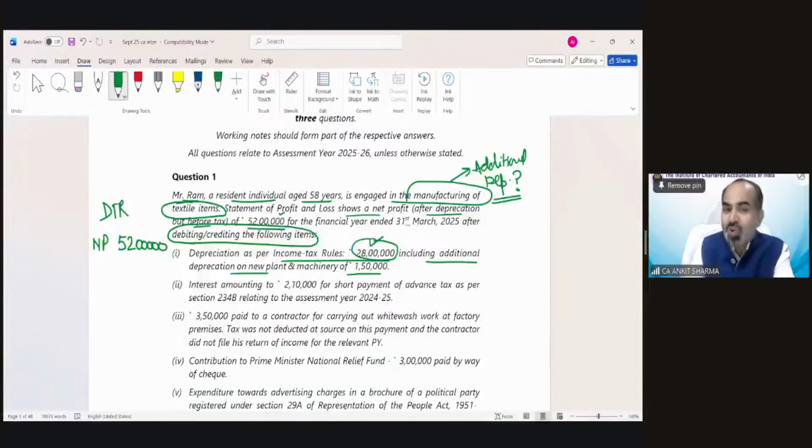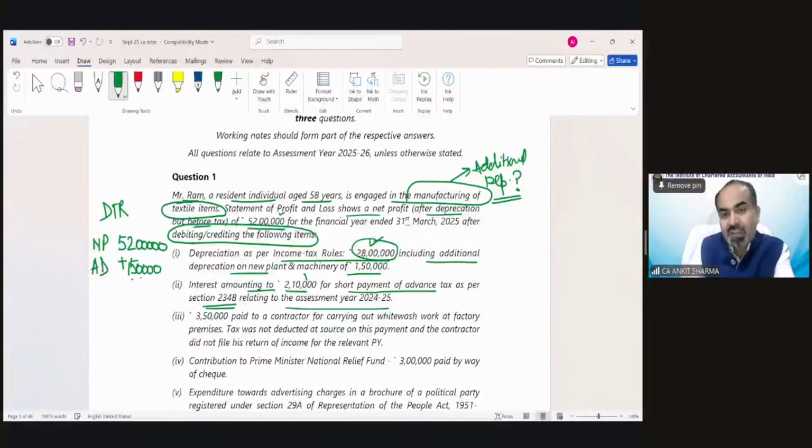But additional depreciation is not allowed in case of default tax regime. So we have to add back the additional depreciation of 1,50,000. Understood?